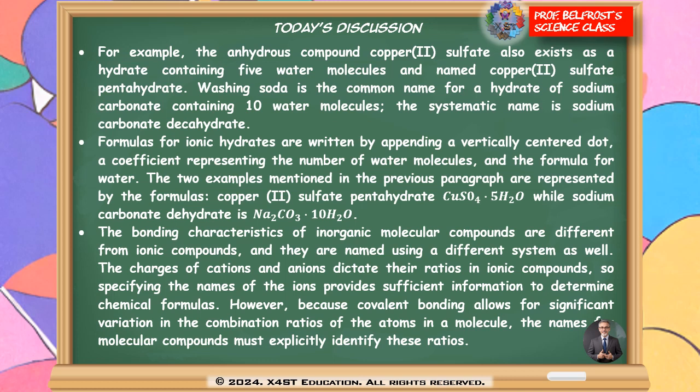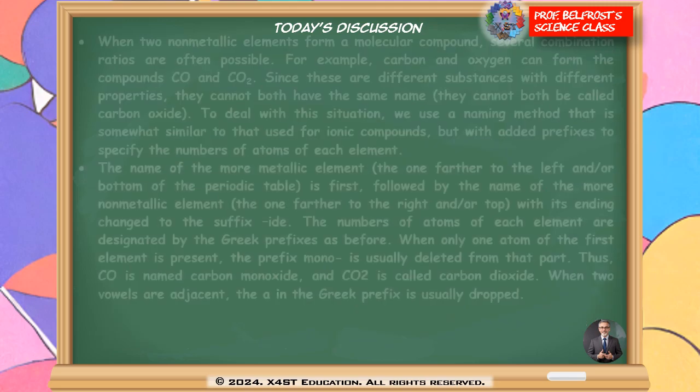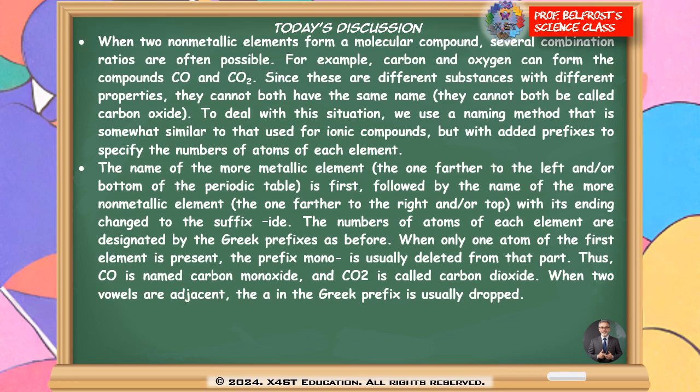The bonding characteristics of inorganic molecular compounds are different from ionic compounds, and they are named using a different system as well. The charges of cations and anions dictate their ratios in ionic compounds, so specifying the names of the ions provides sufficient information to determine the chemical formula. But for covalent bonding, there are significant variations in the combination ratios of atoms in a molecule, so the names of molecular compounds explicitly identify these ratios, unlike ionic compounds.